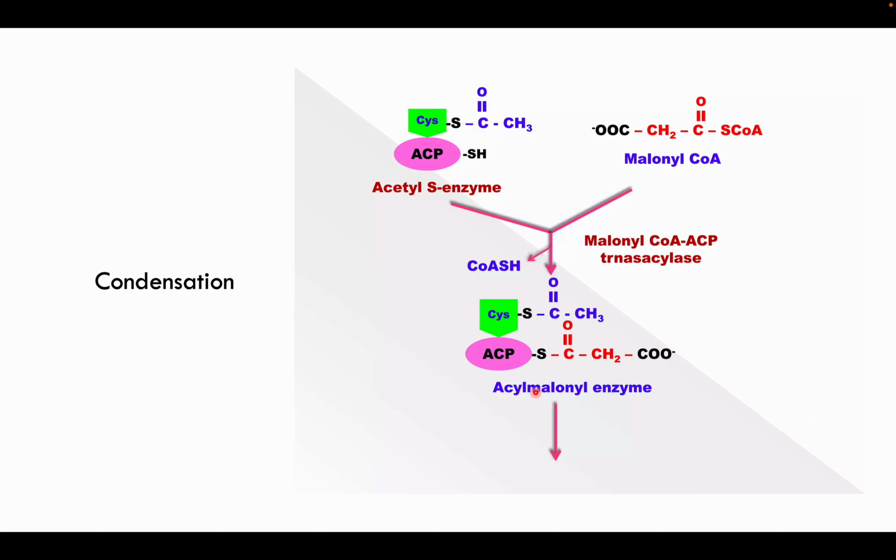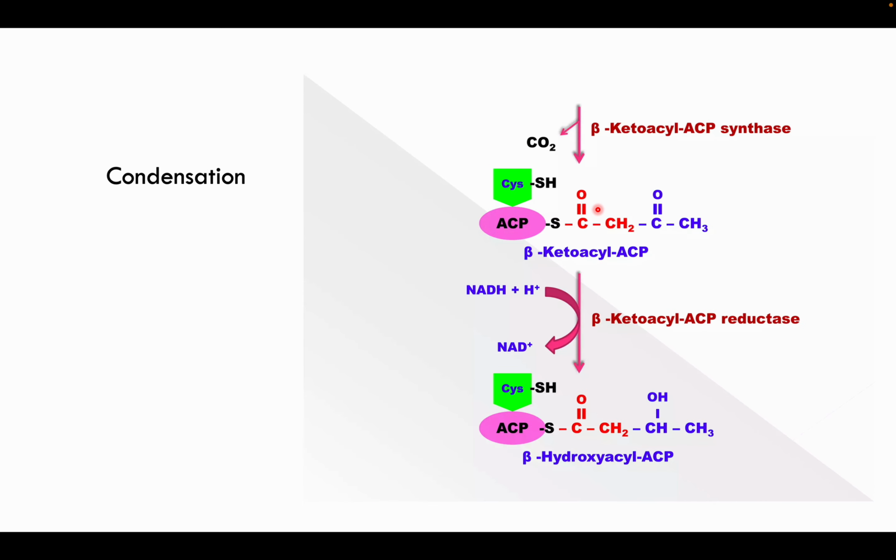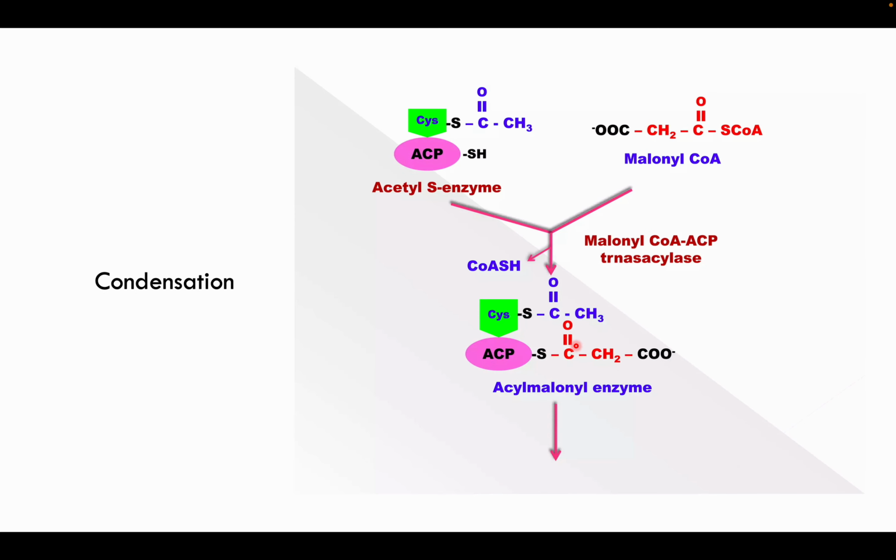So again, what we need is the transfer of this group, because if we start doing the individual reactions, it's not possible. So what we need to do is to transfer the acetyl group down to the ACP protein so that it can go to further reaction. So now you can see this acetyl group gets transferred to the malonyl, and the CO2 which we first added using the biotin gets released.